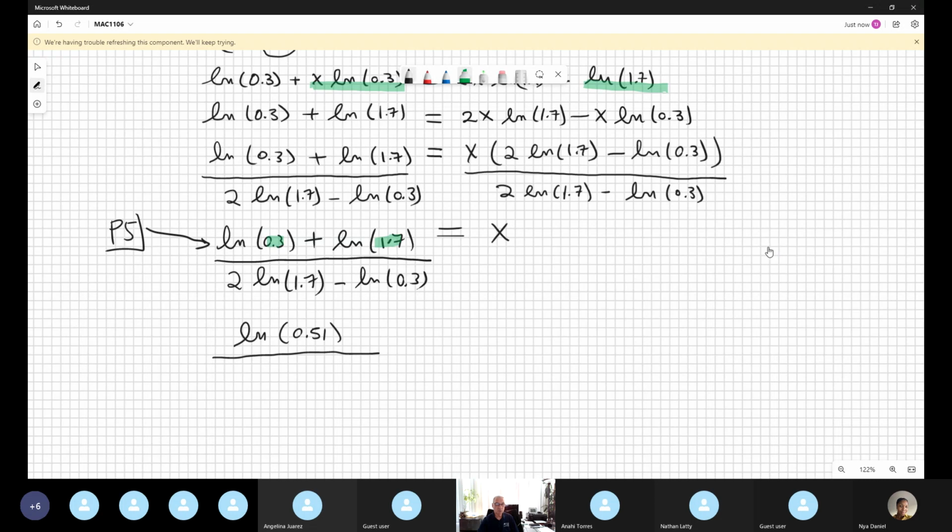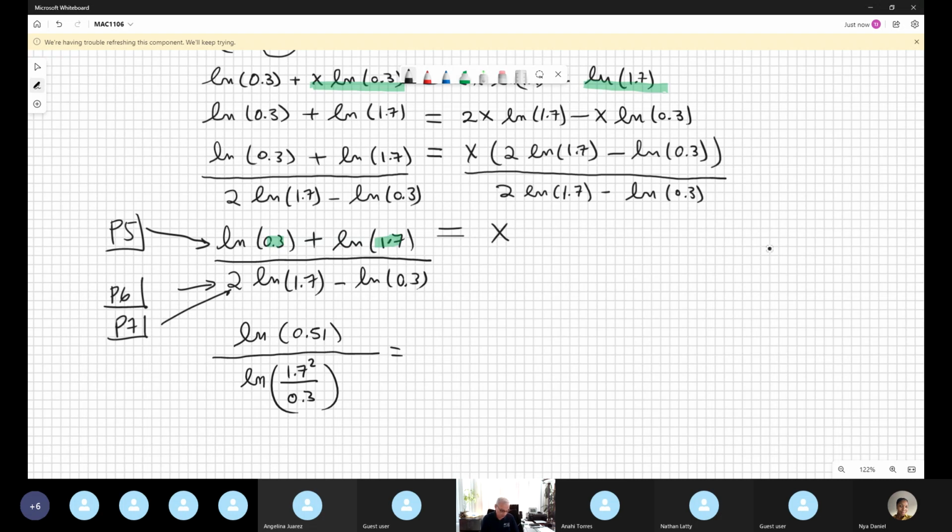Now in the bottom, it's more complicated. I'm using property 6 because of subtraction, and property 7 because we have a factor here. Actually, you condense it into only one logarithm: the logarithm of 1.7 squared, these two go to the exponent, divided by 0.3. This is the new argument of this logarithm.